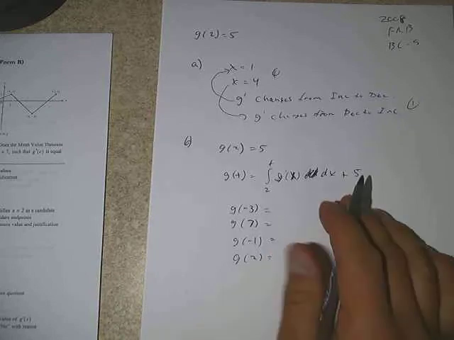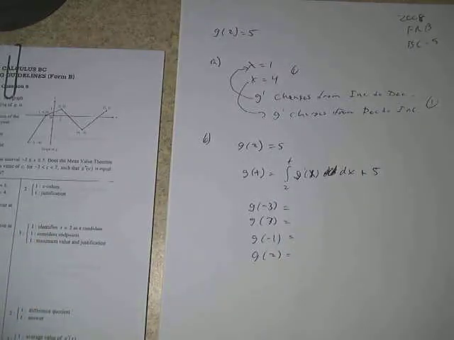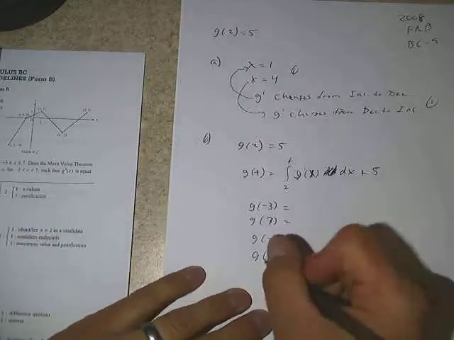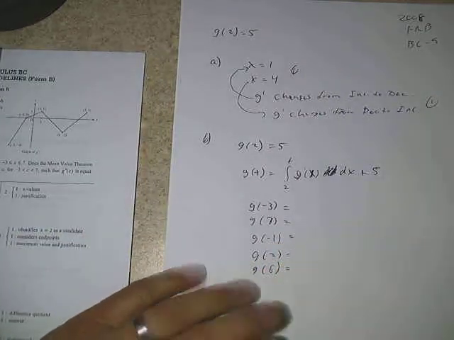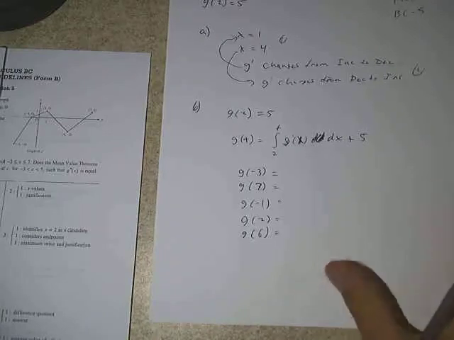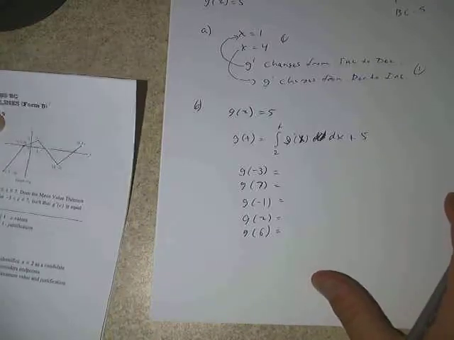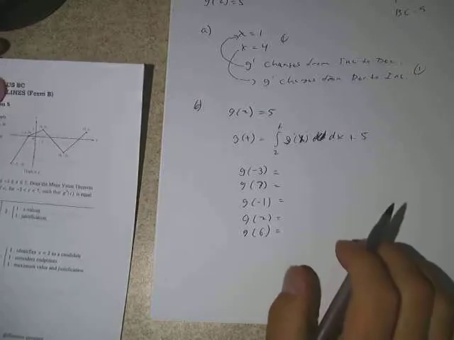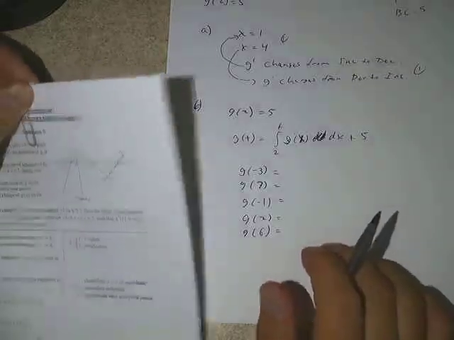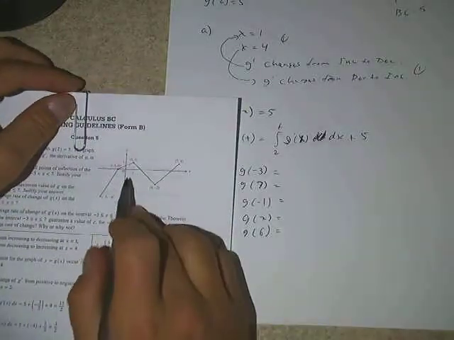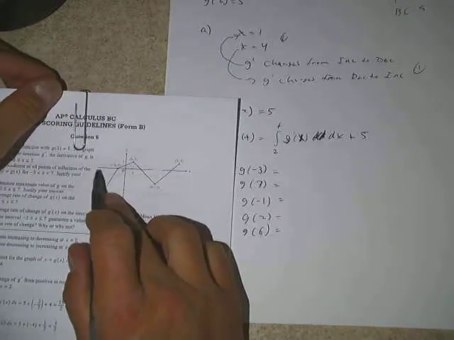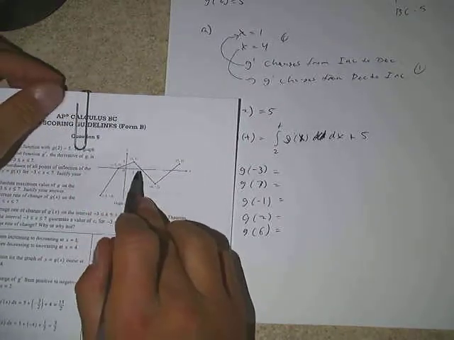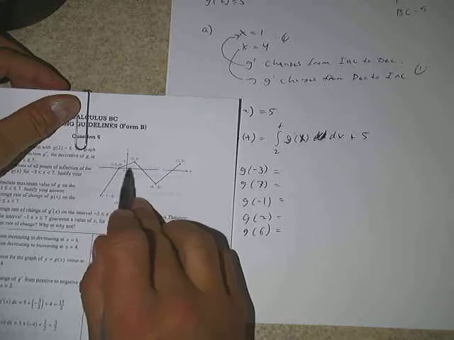Oh, shoot, there's another one: g of 6. So 5 candidates, actually. Let's see if we can come up with values of g here.